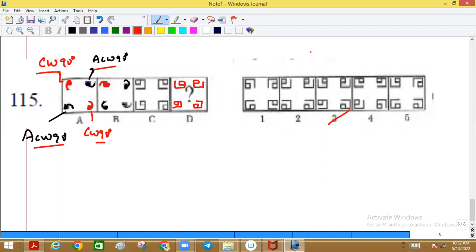I think the number of steps keeps on increasing. First for the square it is one step, so next one is two steps. Next one is one step. Next one will be two steps.